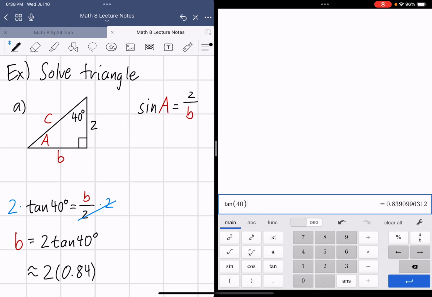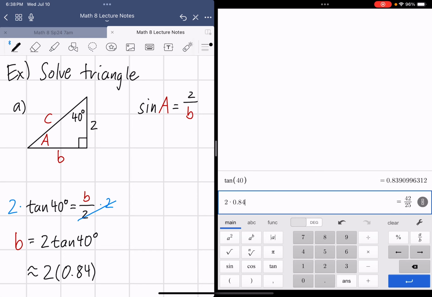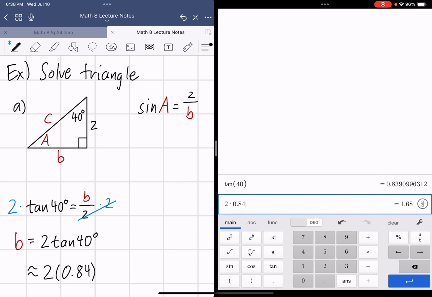And when I multiply these together, right, that's going to be 2 times 0.84, and that gives me 1.68. Oh, it actually gives me a fraction version, but this I'm okay with.